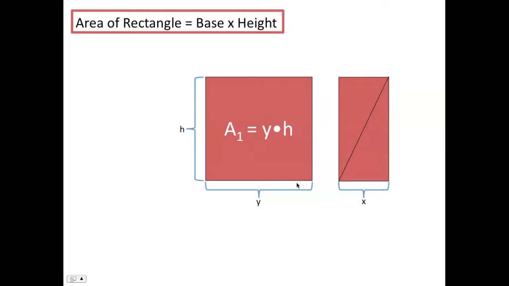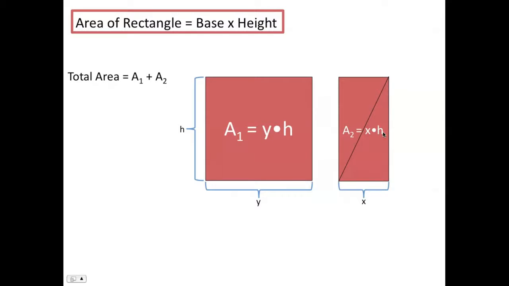So according to our formula, area of rectangle equals base times height, we have the area of the first rectangle being the base, which is y, times the height, which is h. And the area of the second rectangle being x, which is the base, times, again, h, which is the height.